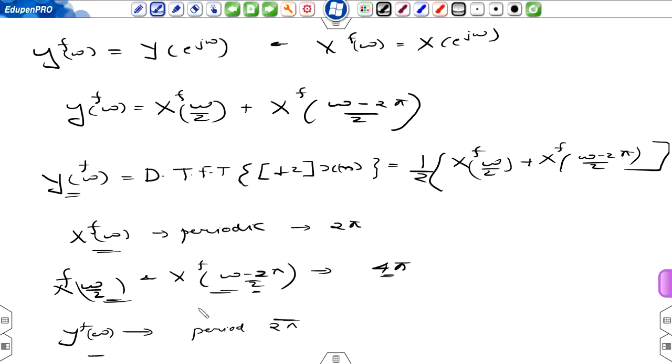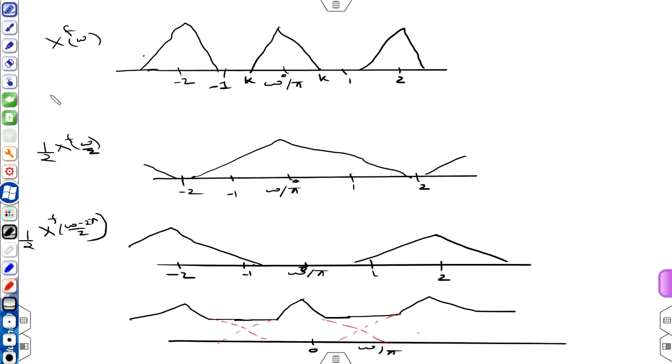Considering the spectra of X(omega), we will draw spectra of X(omega/2) and X((omega minus 2 pi)/2), and we will add them, and the resultant spectra will be of Y(omega). Now we will try to sketch the spectra of the output signal.